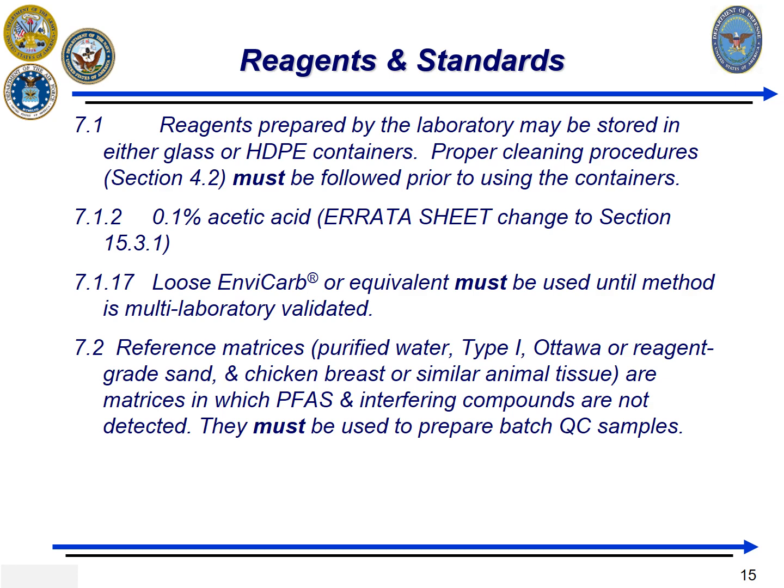Once the multi-lab validation study is finished and we have the performance criteria based off of the loose MV carb, as long as a laboratory can meet the performance criteria that was accomplished with the loose MV carb using a cartridge, at that point they would be permitted to use those cartridges. But until then, the loose MV carb or equivalent has to be used for this method.